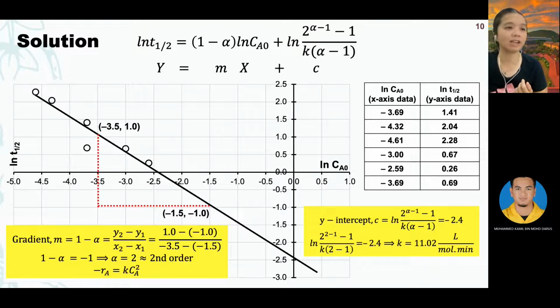The unit of K. Sebab dalam case ni, bila kita buat pengiraan dalam bentuk ln K, ln T half, ln CA naught, often we have difficulty determining the unit of K. However, I have taught you in chapter 2 sebenarnya that the unit of K can be deduced from the reaction order. Okay, so saya dah ajar untuk zero order, first order, second order. Unit K tu sebenarnya dah ditetapkan. Tapi kita kena ingatlah apa perbezaan unit dia.